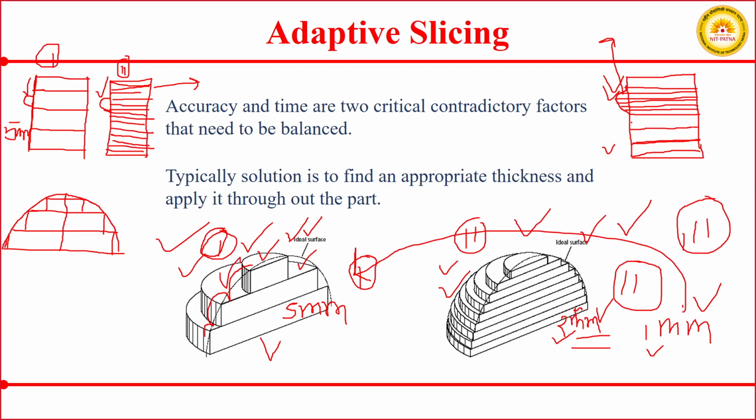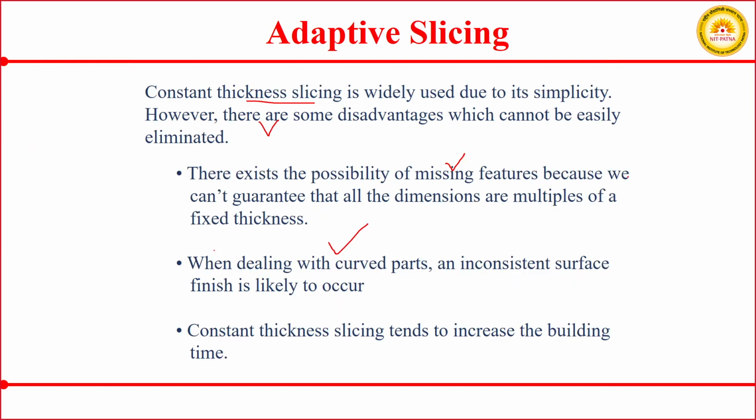So we have to make a compromise between these two: where there are no features you can go with a larger layer thickness, and where there are features in the surface you can go with a smaller layer thickness.